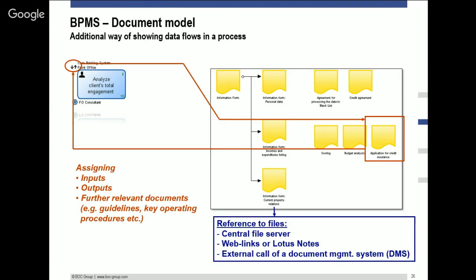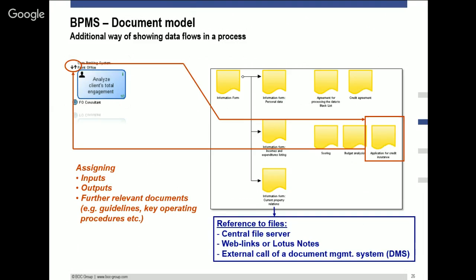Of course, as you probably know, BPMN offers you data objects that can mark which emails, documents are used in the process, but this is not something capable of handling very complex processes with lots of documents.